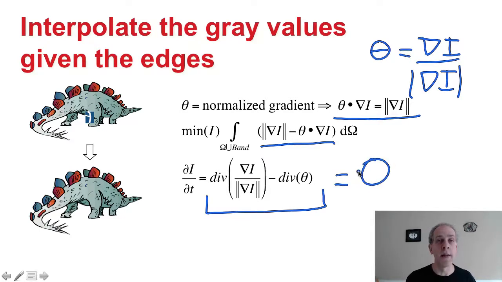When we get to steady state, we get that the divergence, remember div is for divergence, of the normalized image gradient is equal to the divergence of the normalized gradients that we were given. Then we get an image that is consistent with the information that we were given. That's exactly what we wanted.